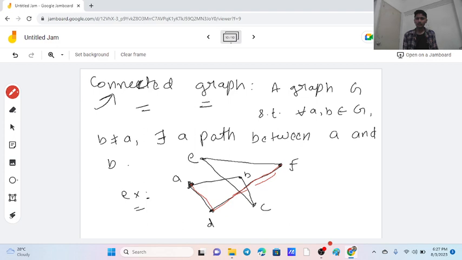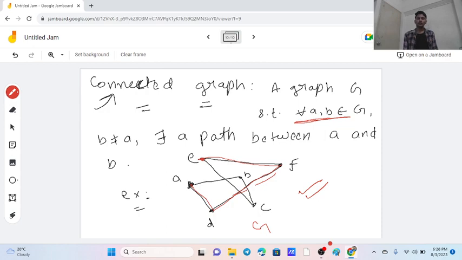Suppose I want a path from A to E, then what will be the path? A to D, D to F, and F to E. So this is a path. You can pick any two vertices here and you will find a path. Therefore this graph G is a connected graph.